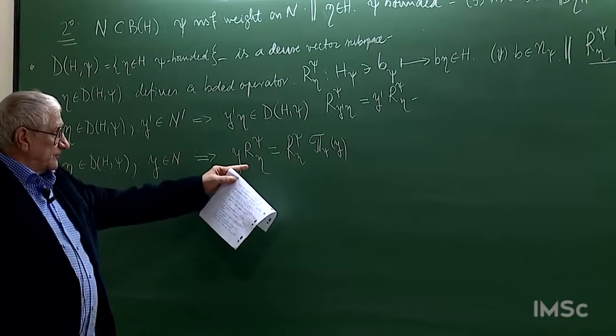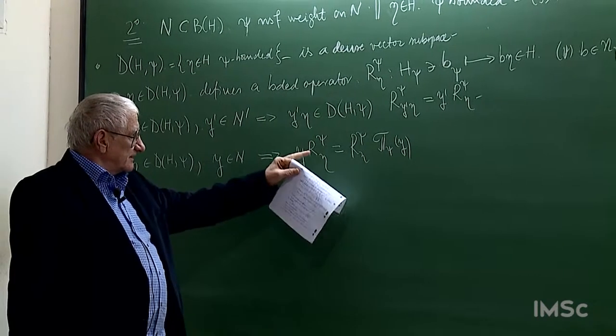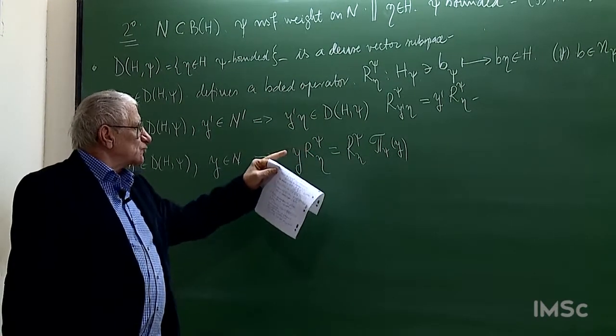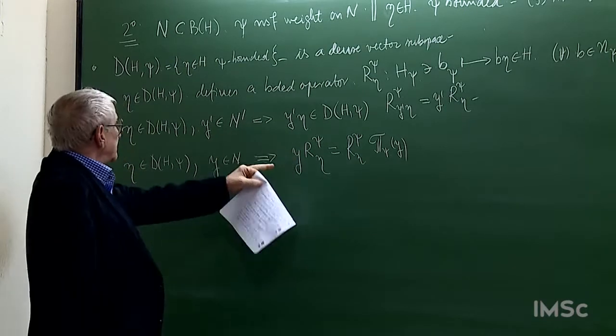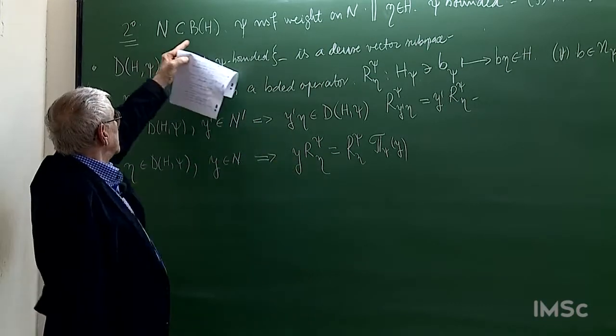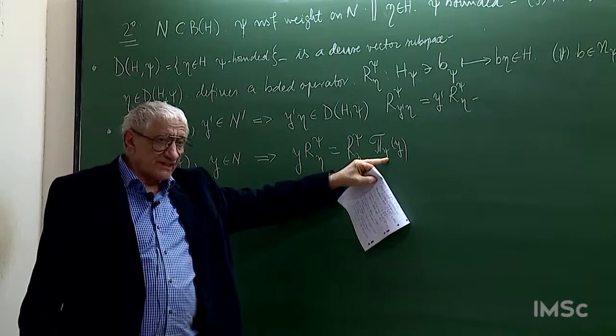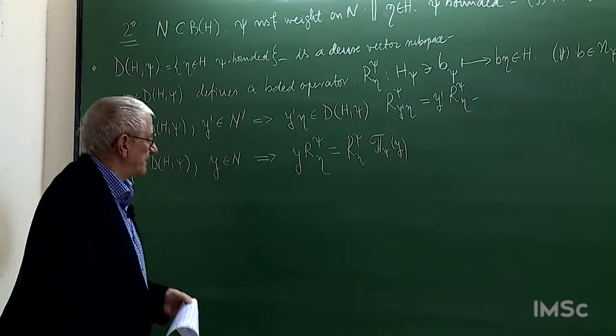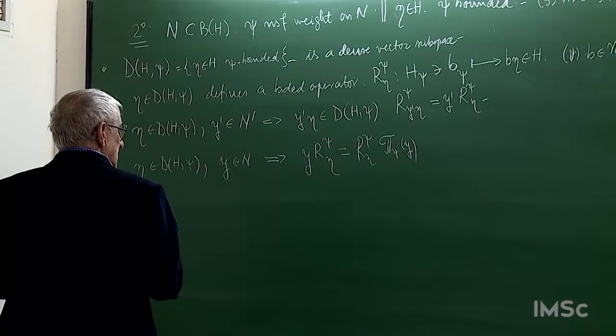What is the meaning of this equality? It means that this operator R^psi(eta) intertwines the identity representation of N in B(H) with the GNS representation of y.